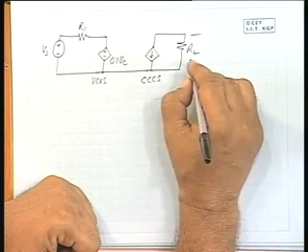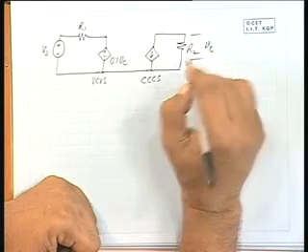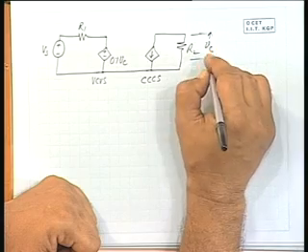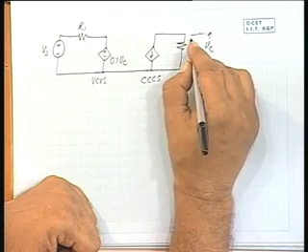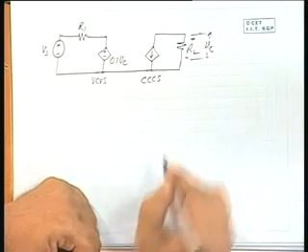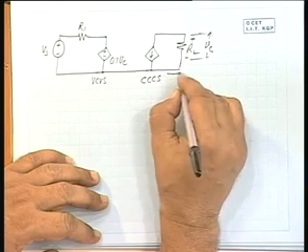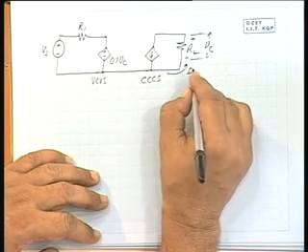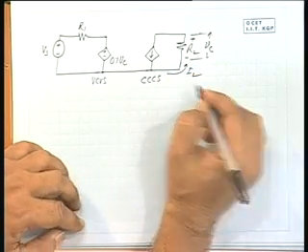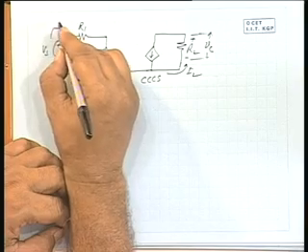The voltage across R2 is Vc. Note the signs of the voltages and the currents. This is I2, this is I1.